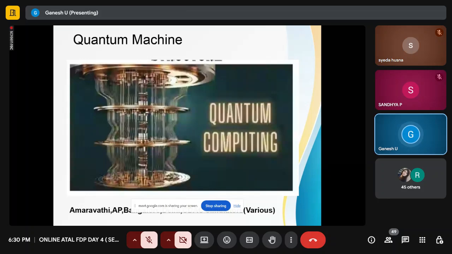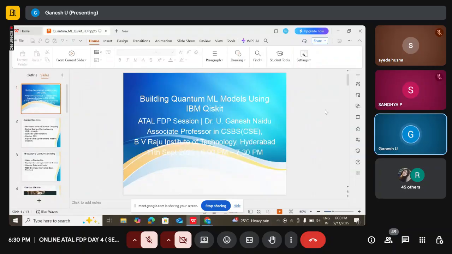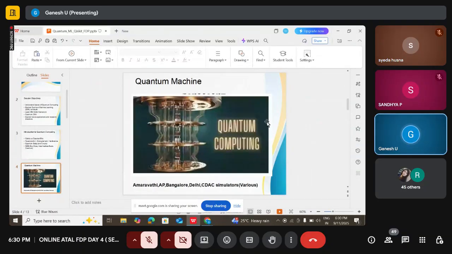So that is the real-time quantum machine. Next, we have one in Bangalore and one in Delhi, and these are the only real-time quantum computers existing. So in India, these are the real-time machines.